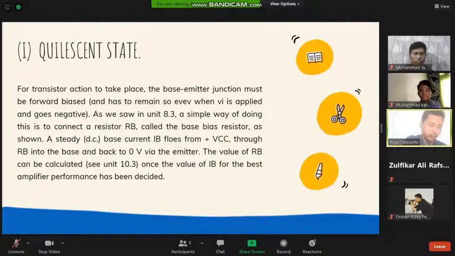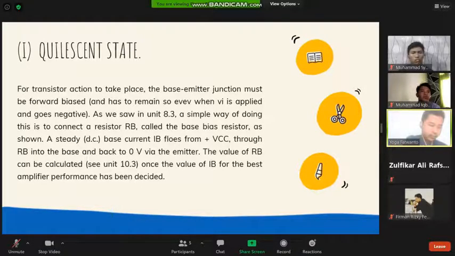First, quiescent state. For transistor action to take place, the base emitter junction must be forward biased and has to remain so when Vi is applied and goes negative.